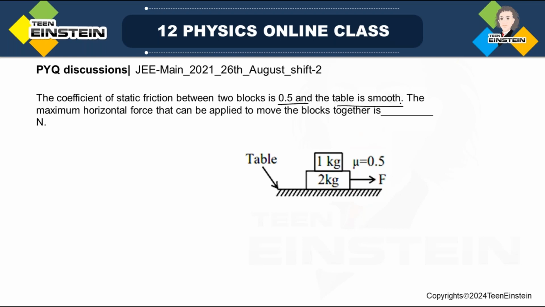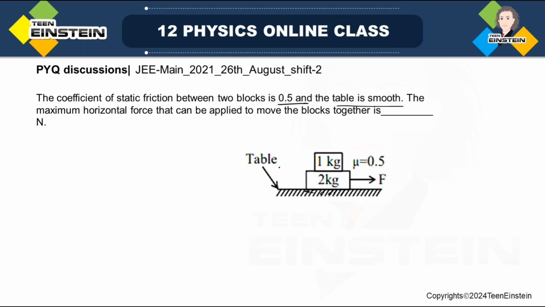Okay, and the table is smooth. The maximum horizontal force that can be applied to move the blocks together. Okay, so in this case, when this is smooth, to move these two blocks together, the maximum horizontal force must be exactly equal to the frictional force between the faces of the blocks.